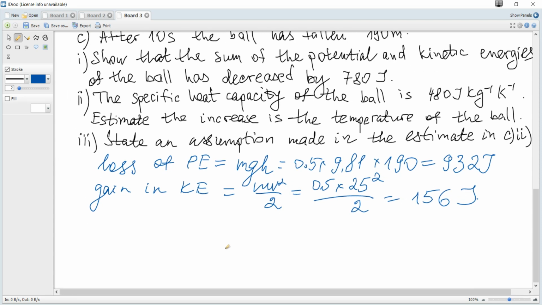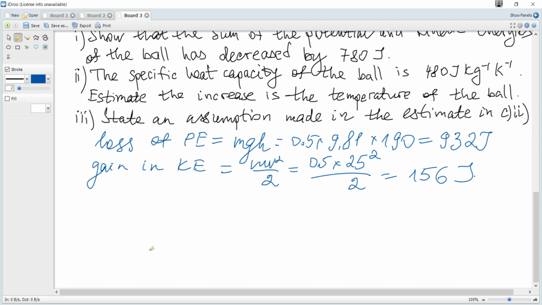The required decrease in total energy is equal to 932 minus 156, which is approximately 780 joules as required.